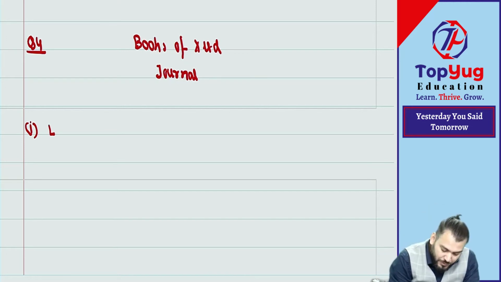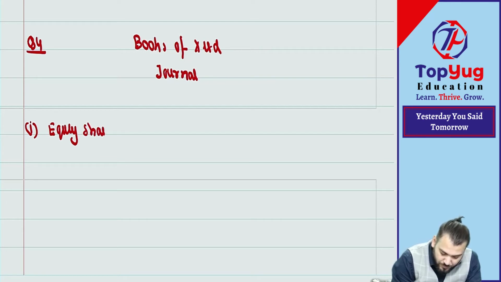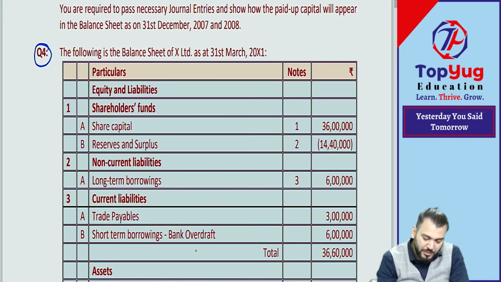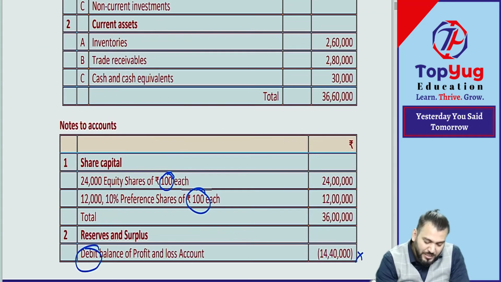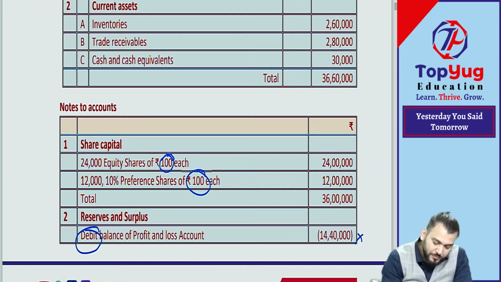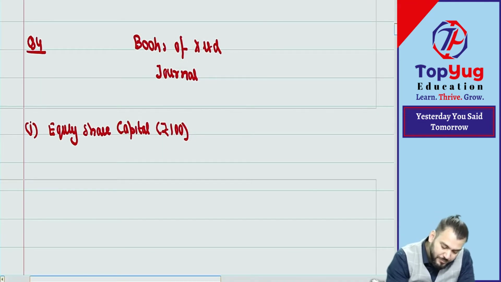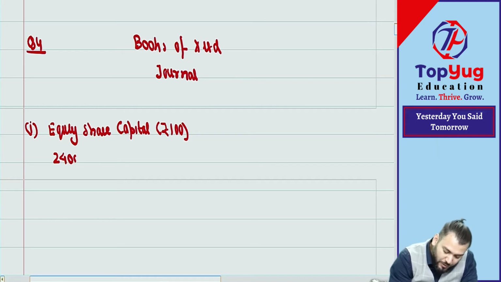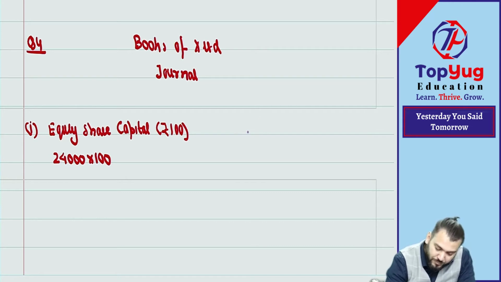Write down: Equity share capital of rupees 100, 24,000 into 100, how much? 24 lakh.